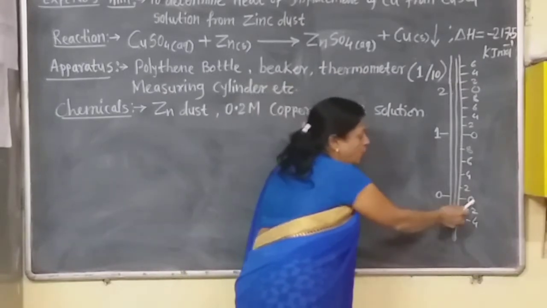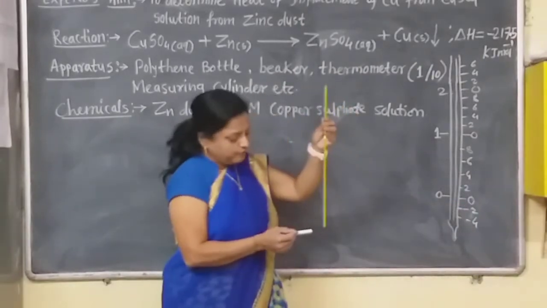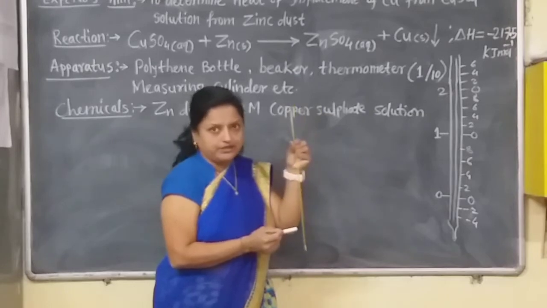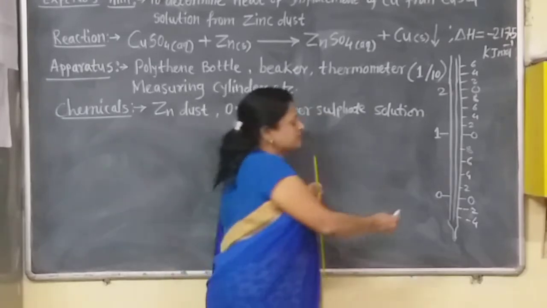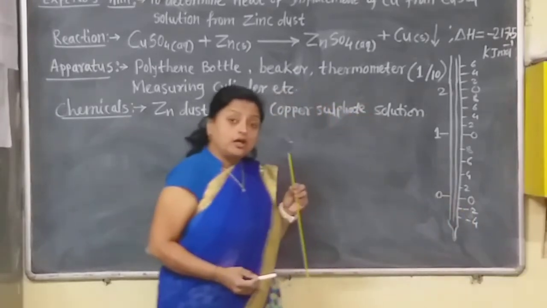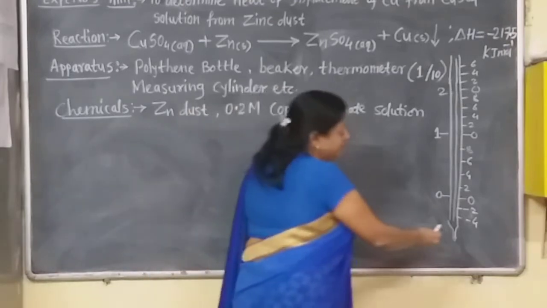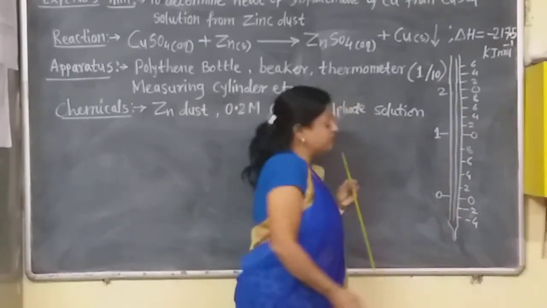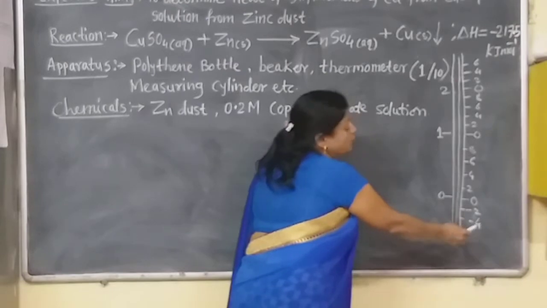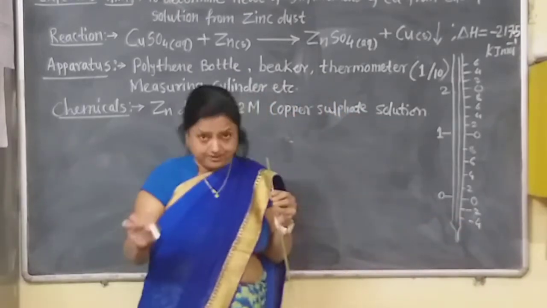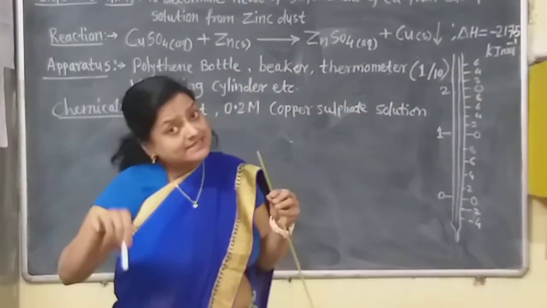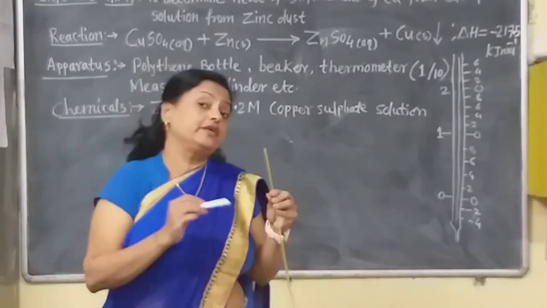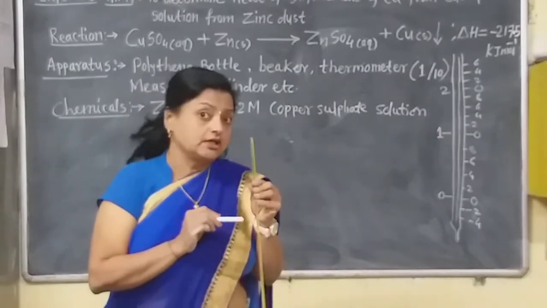There is the 0 marking somewhat from the lower side of this thermometer, from the bottom. That is the 0 temperature. Below that 0 temperature there are markings such as -2, -4, -6 up to -8. That means we can measure up to -8 degree centigrade using this thermometer.